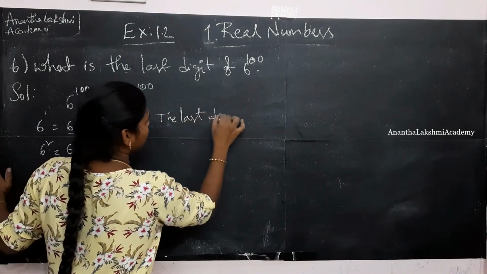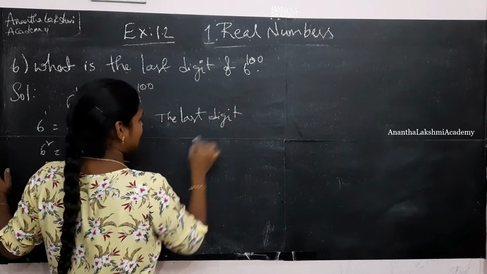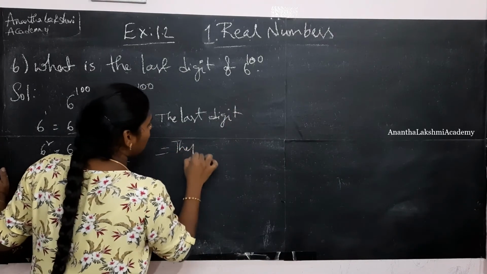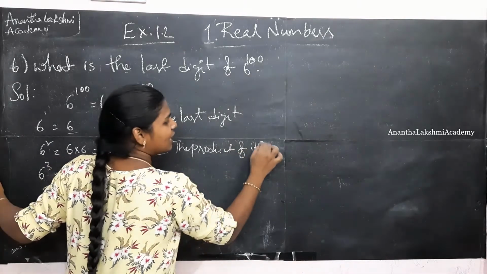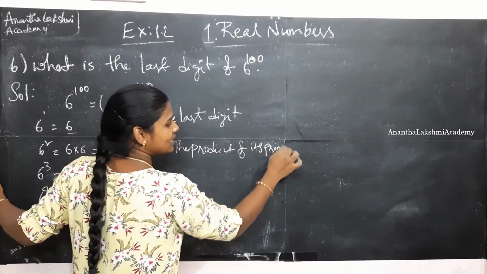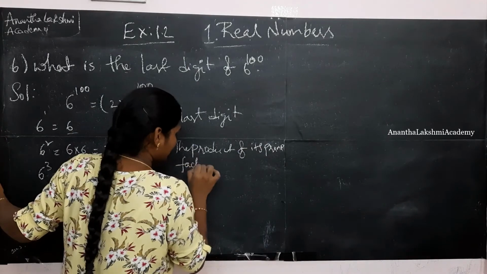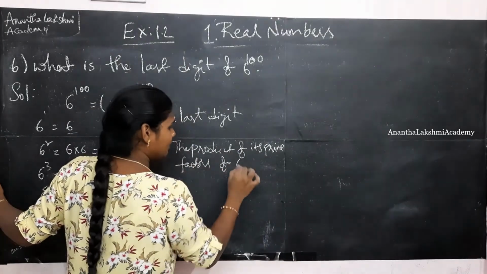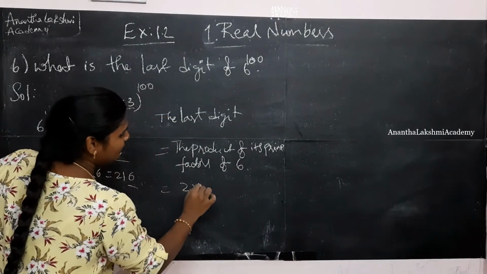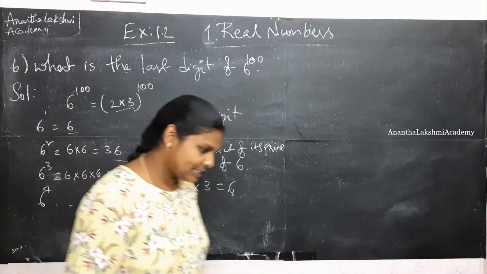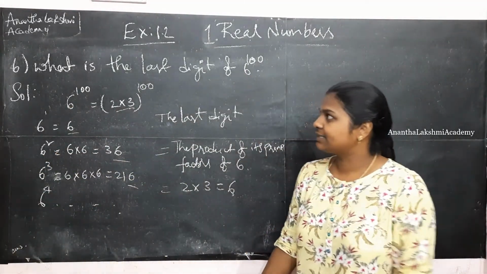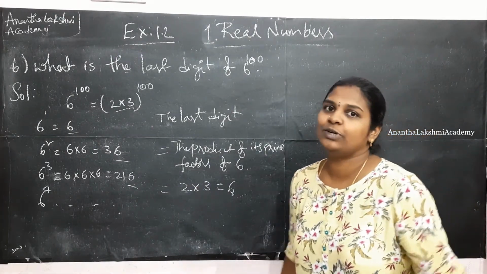Prime factors of 6 are 2 multiplied by 3, which is 6. Alright, so this is about problem number 6 in exercise 1.2.